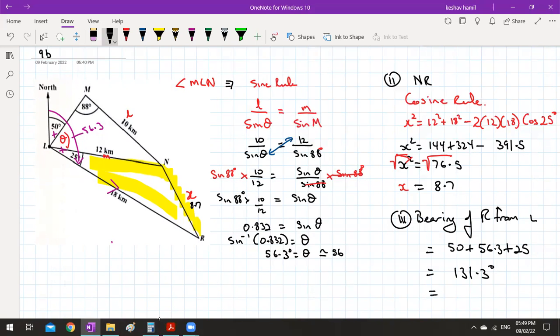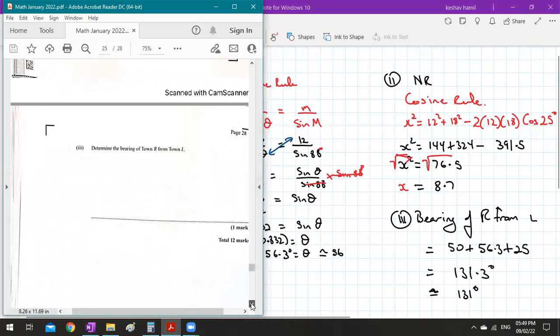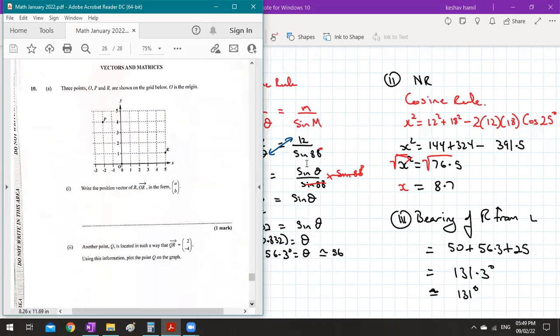Now bearings are usually measured using only three digits. So we'll round it off to the nearest whole number, and put the approximation sign. That's the end of that question.